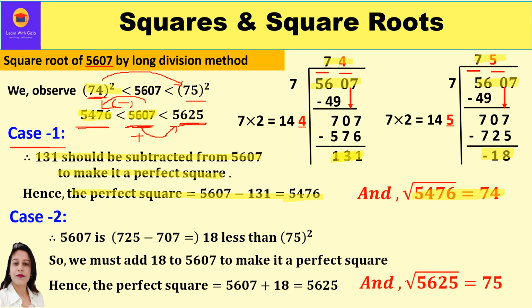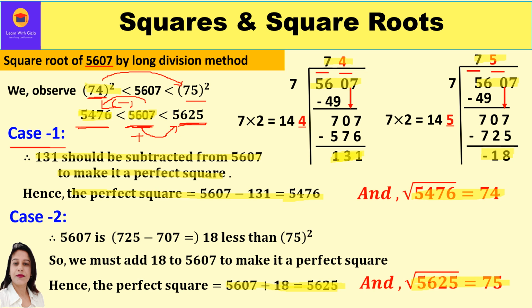Minus 18 is what we are falling short of. Had we added 18 to 5607, we would get a perfect square number. See over here, 5607 plus 18 is 5625. So it is a perfect square number. It is the square of 75, right? So we can say the square root of 5625 is 75.